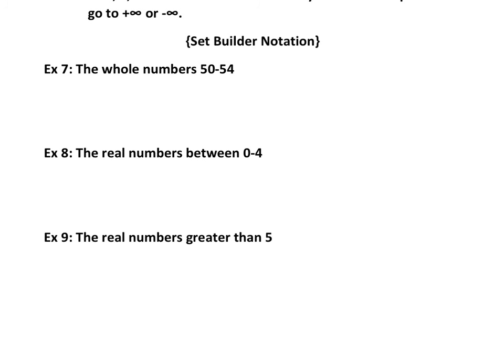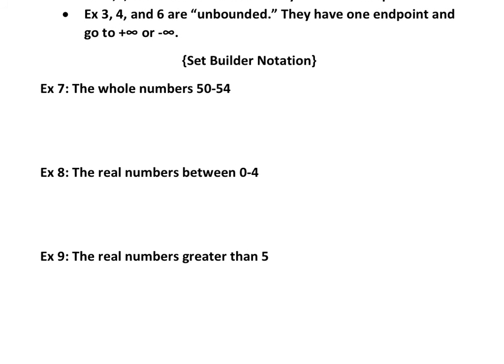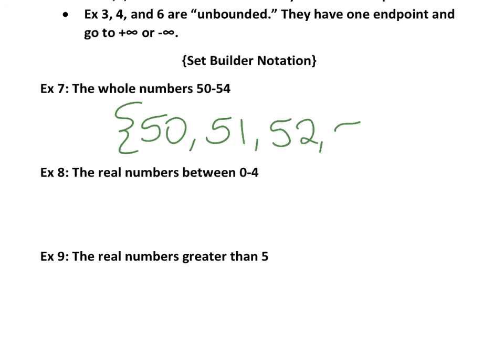So can I use fractions? No. When I cannot use fractions, all we're going to do is list out all of the numbers. So let's list out all of the numbers from 50 to 54, including 50 and 54. So that's 50, 51, 52, 53, and 54.